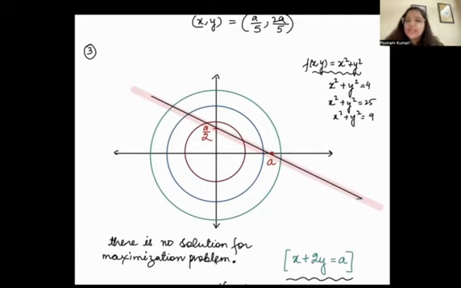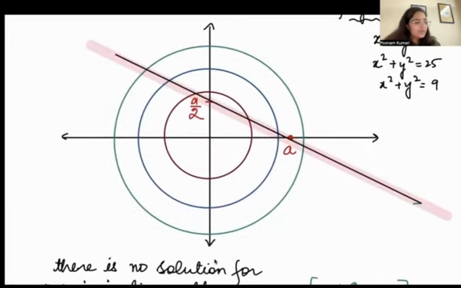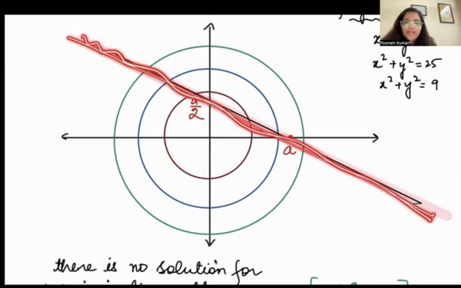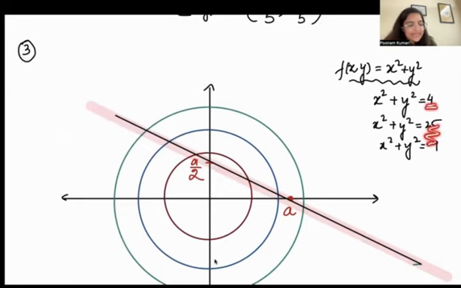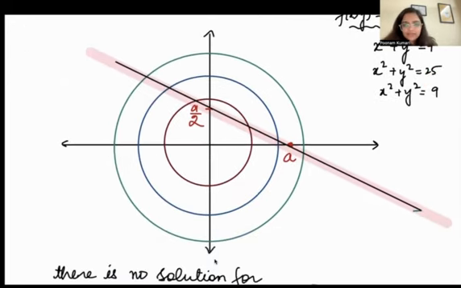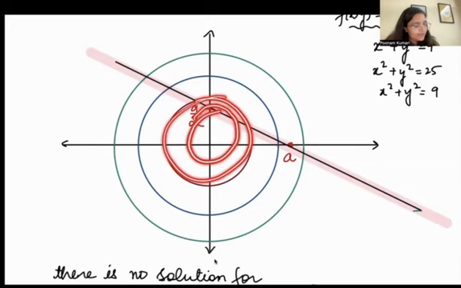And minimization कैसे करेंगे हम लोग? How do we think about minimization? So मैं क्या सोचूंगी कि इस equation पे रहते हुए, so I have to stay on this line as well, and I have to make sure that this height is as low as possible, right? So I can stay here also, maybe here also, maybe here also.